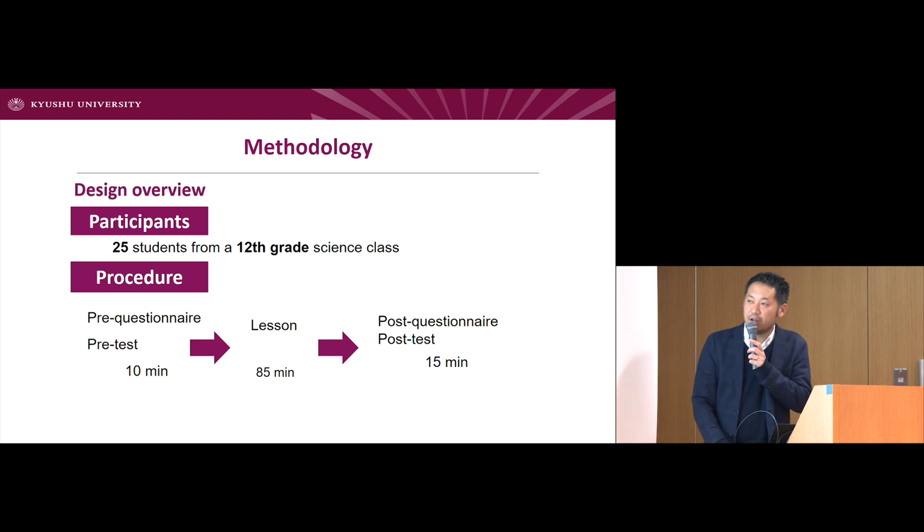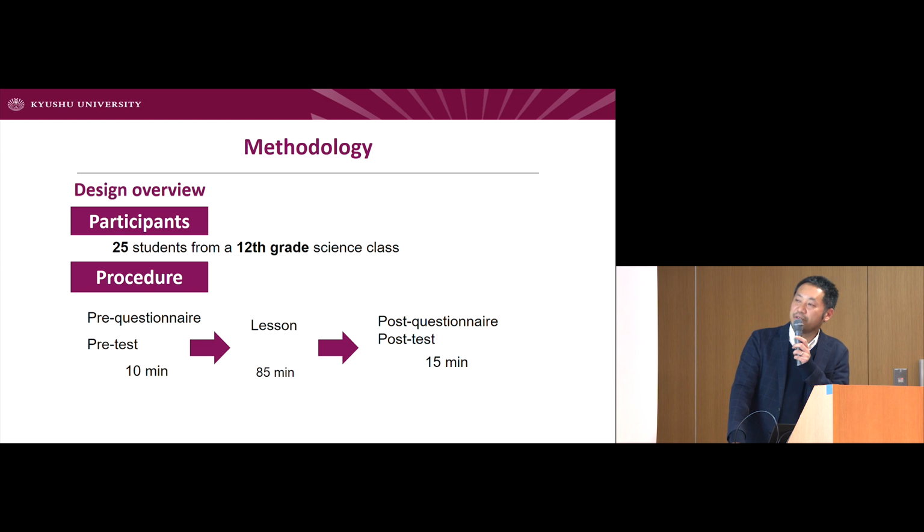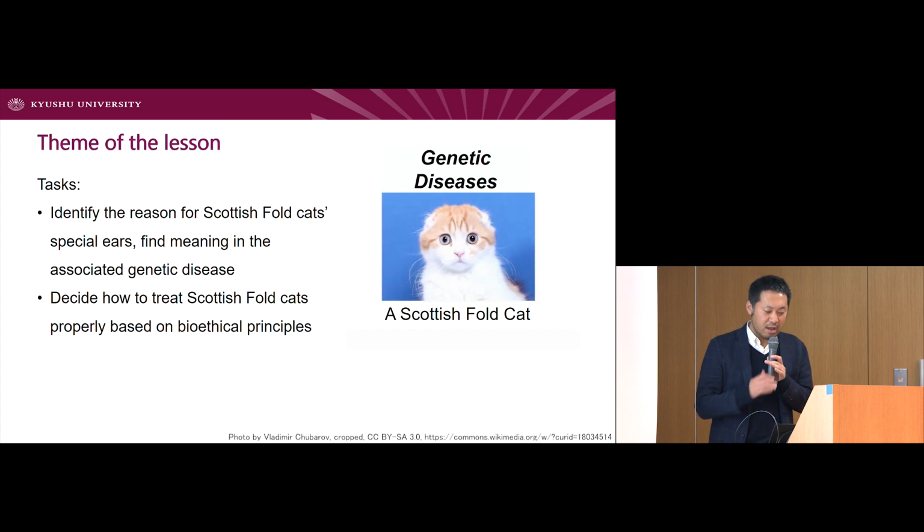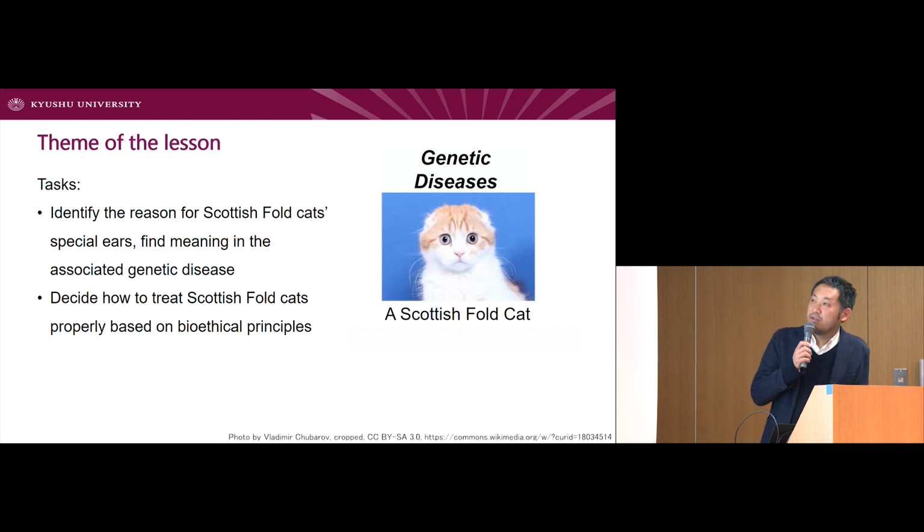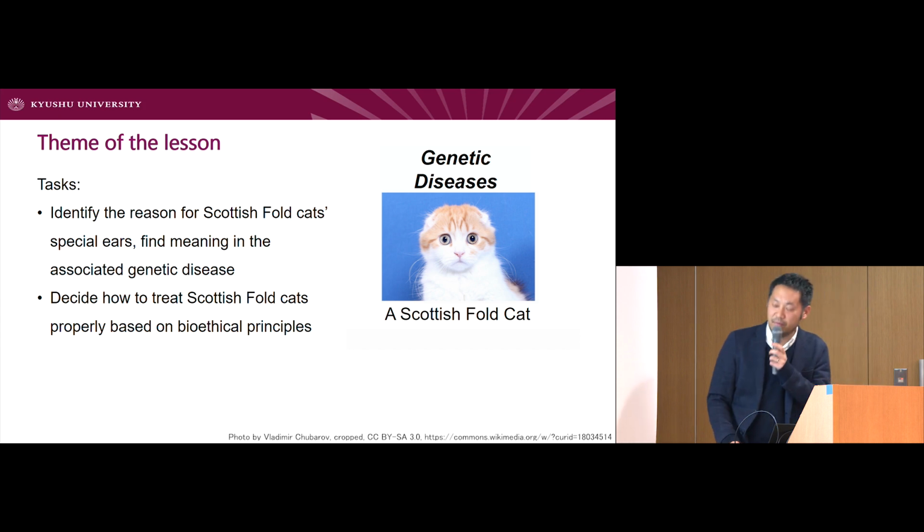Lastly, the students were asked to answer the post-questionnaire and post-test for 15 minutes. This is the theme of this class. Students discuss the genetic diseases of the cat using biology knowledge. In particular, they are asked to identify the reason for the Scottish Fold cat's special ears and find the meaning, the associated genetic disease, and so on.